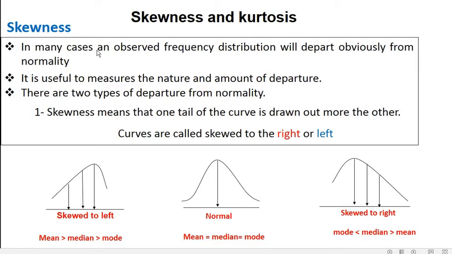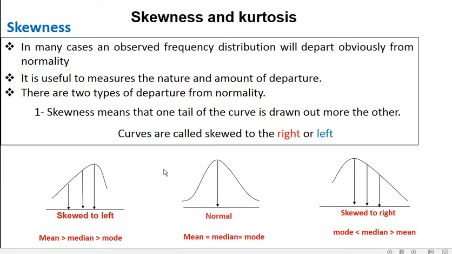In many cases an observed frequency distribution will depart obviously from normality. It is useful to measure the nature and the amount of this departure.